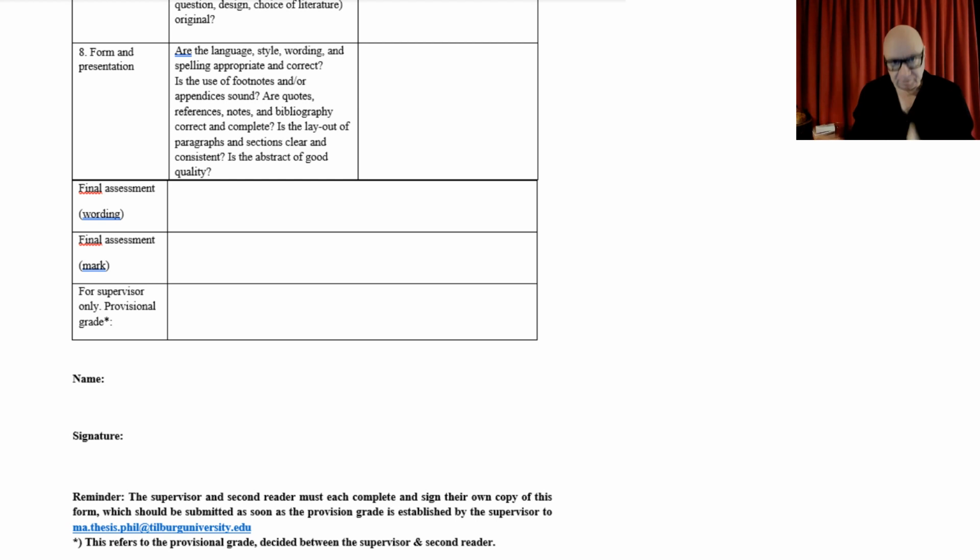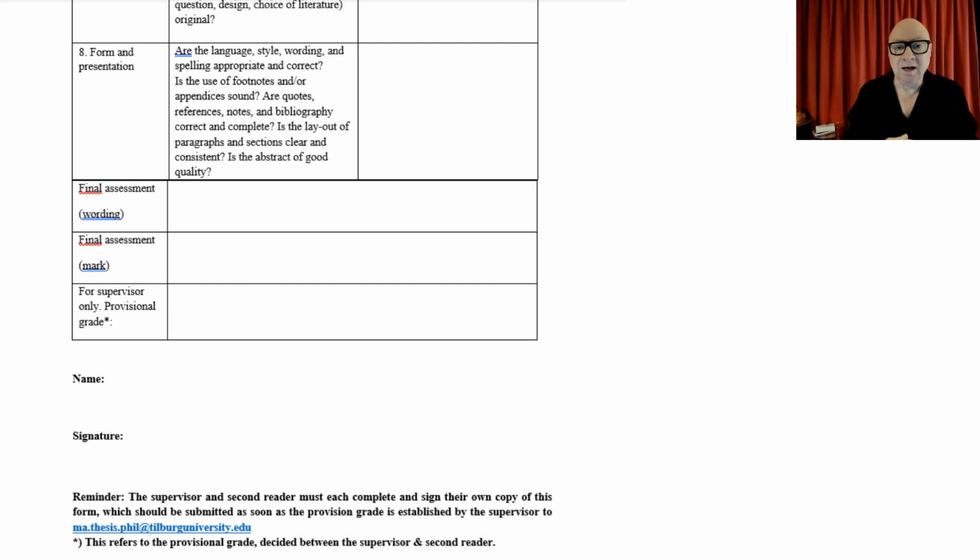And then after the supervisor and second reader discussed their individual assessments and possibly with the third reader, then the provisional grade is put on the individual assessment form of the supervisor, and then all the individual assessment forms are sent by the supervisor to the master thesis email address. Basically, that's Michael and me.